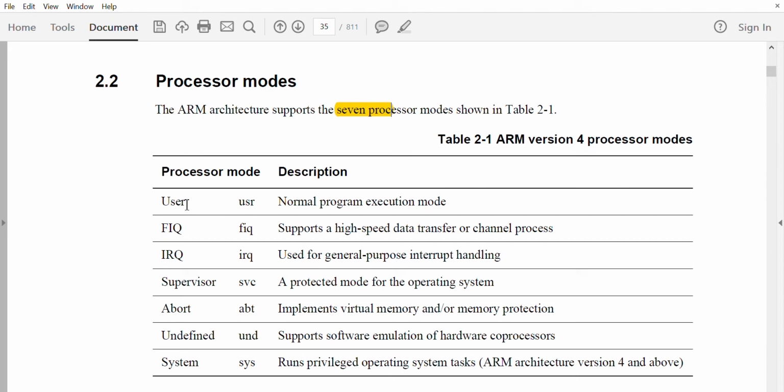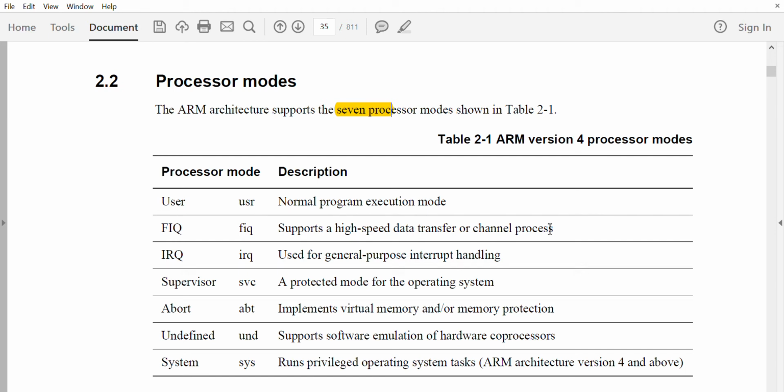You have the user mode, that is the normal program execution mode. Normally the ARM processor will be in the user mode only, and that is represented by USR. Then we talked a lot about FIQ when we talked about the register architecture. FIQ is for high speed data transfer or channel process.